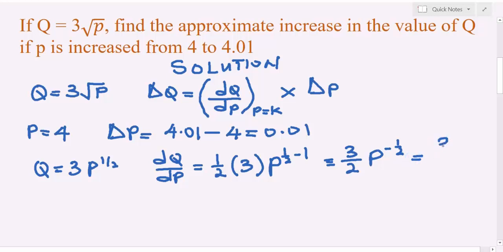This is the same thing as 3 over 2 p raised to the power half. So dq/dp is the same thing as 3 over 2 root p.